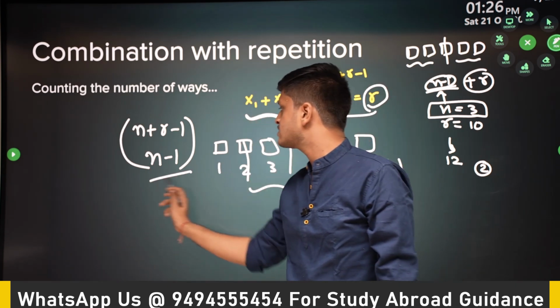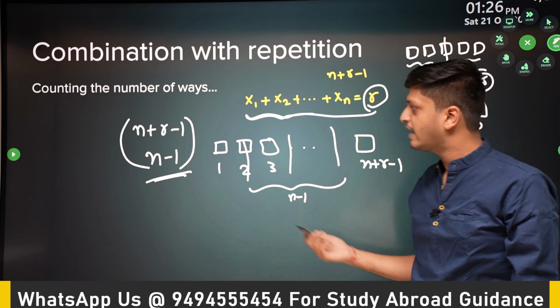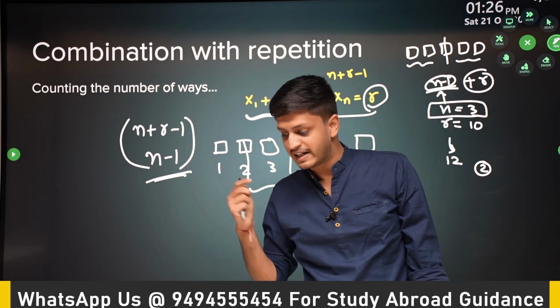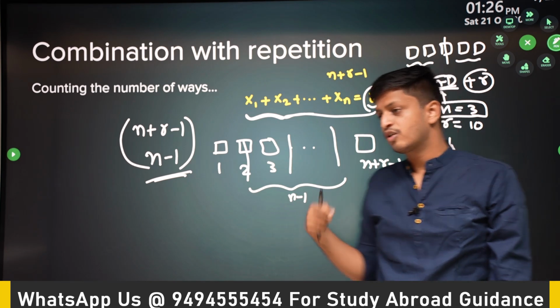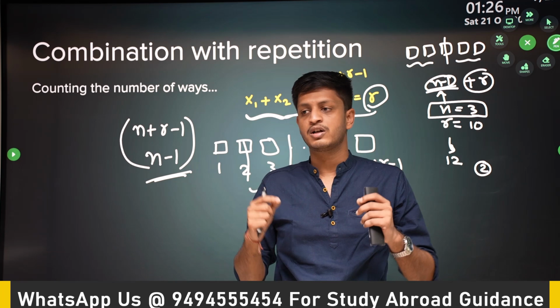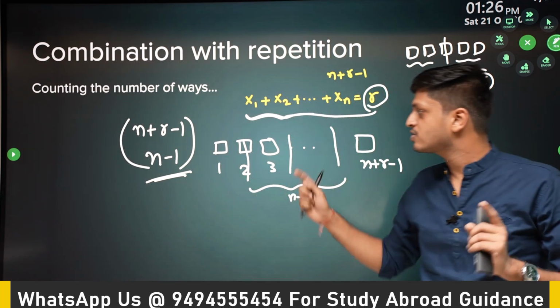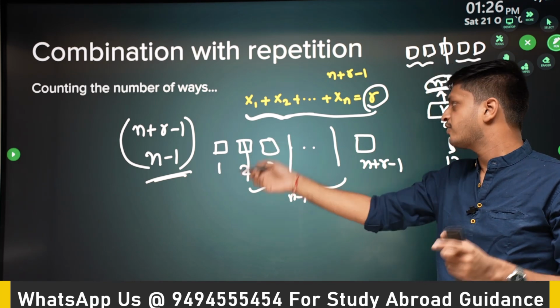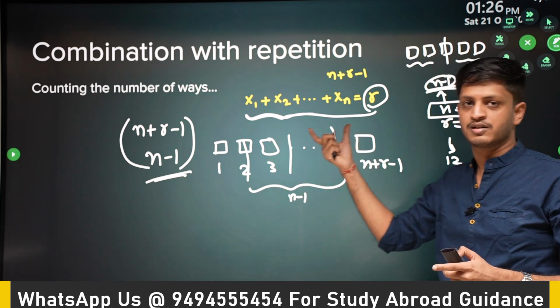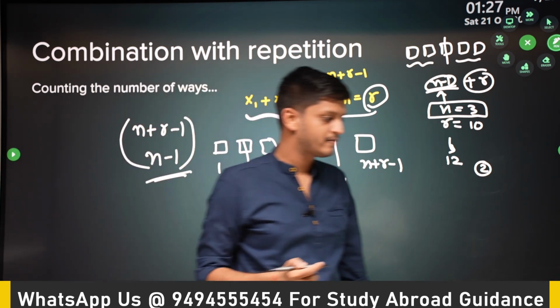This is the number of ways in which we can select r objects out of n objects with repetition allowed. This is also the number of ways in which we can distribute r identical objects among n distinct containers, and this is also the number of solutions to this equation, where all x1, x2 up to xn are non-negative.